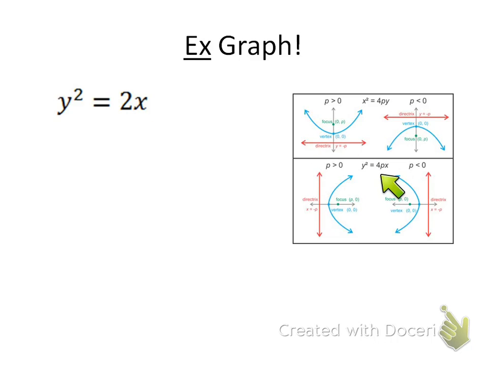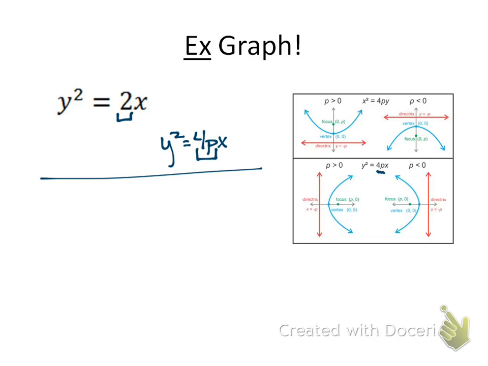This p determines everything. So to find p, notice how in this equation, you've got 4p. Let me blow this up. In standard equation, we have this 4px. This position should be equal to 2.